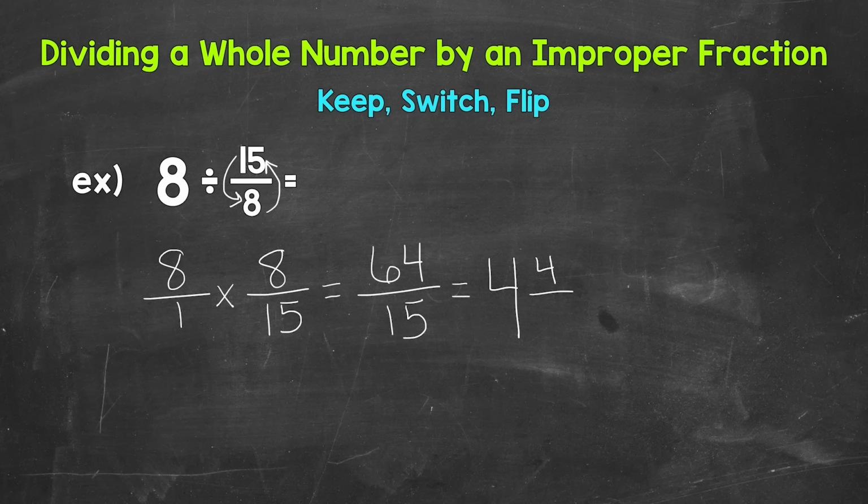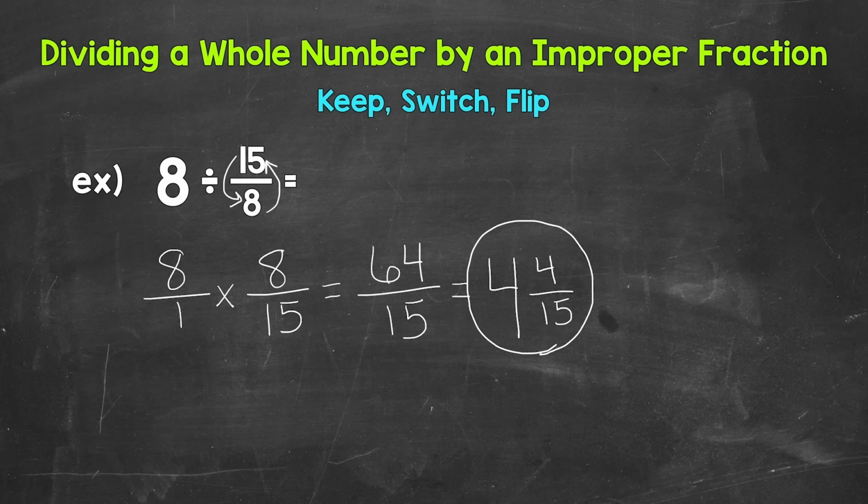That's the numerator of the fractional part of the mixed number. And then we keep the denominator of 15 the same. We can always look to see if we can simplify the fractional part of a mixed number. 4/15 is in simplest form. The only common factor between 4 and 15 is 1. So final answer, 4 and 4/15.